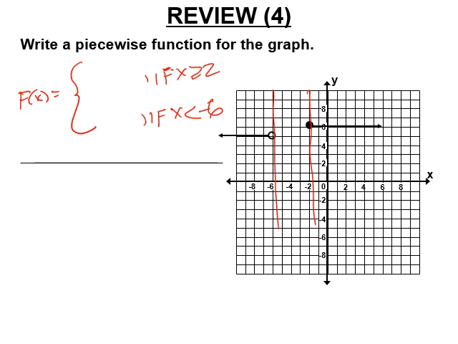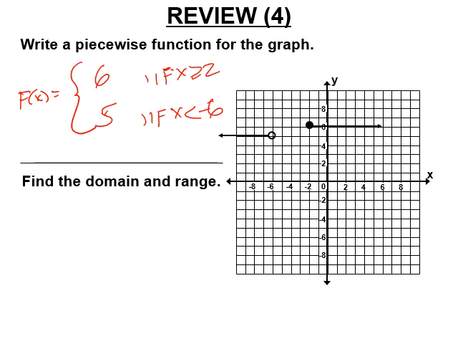And when x is greater than or equal to 2, y is 6. The y coordinate at every point on that graph is 6. And when x is less than -6, y is 5. That's the piecewise function.